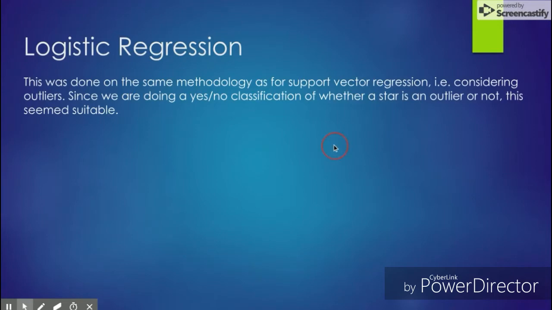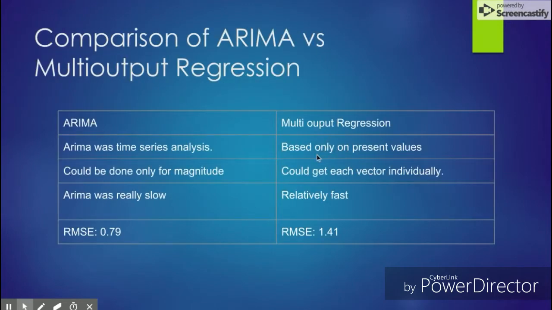Here is the comparison between ARIMA and multi-output regression. ARIMA was a time series analysis, while multi-output was based only on the present values.